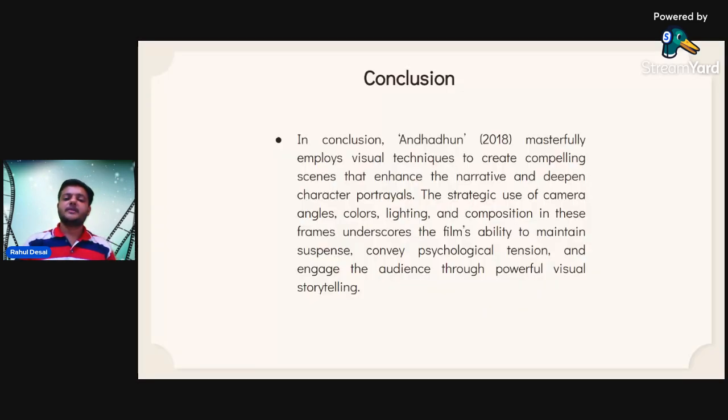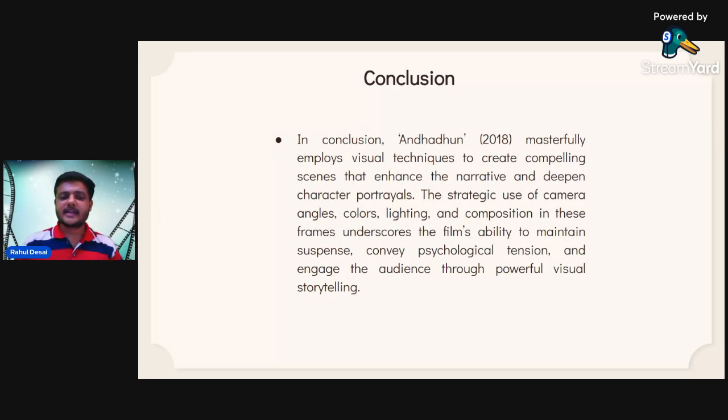And in conclusion, in the various aspects of this film study or frame study, the strategic use of camera angles, color, lighting, and composition in these frames underscores the film's ability to maintain suspense, evoke the suspense, and enhance the suspense and thriller around the characters and the audience's mind, convey the psychological tension, and engage the audience through powerful visual storytelling.